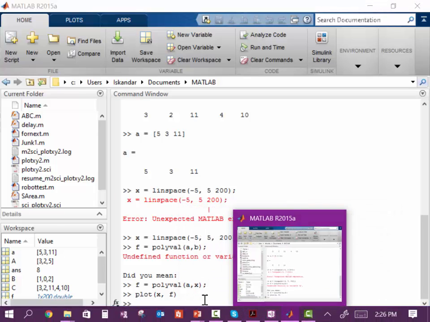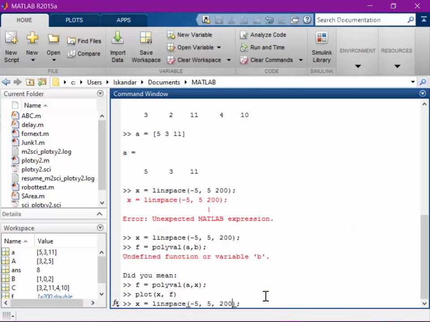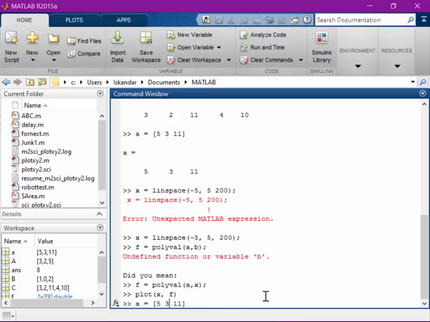And I can go through and change a. We're going to put a 5x cubed term in there as well. So it's 5x cubed, 5x squared, 3x, plus 11.